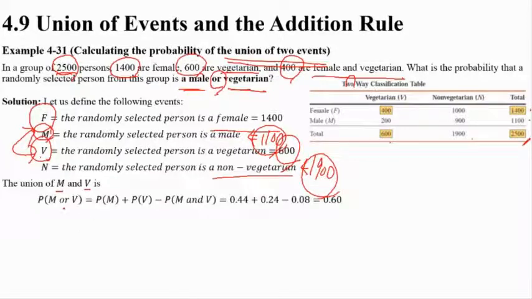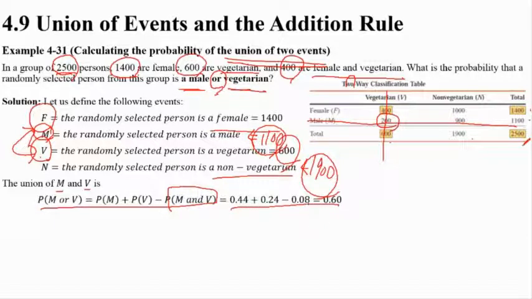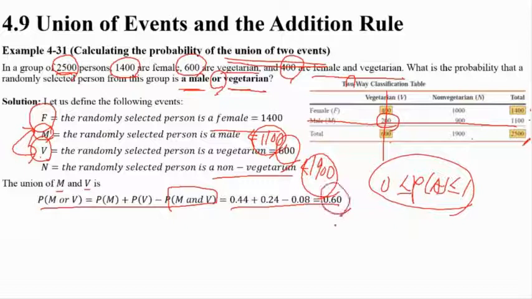So how it looks like that. Let's subtract this part, which means vegetarian and male, right? Subtract this part. Here, I didn't mention that: probability is supposed to be between 0 and 1 for any event. That's why I show this number as a decimal. It should be less than 1.